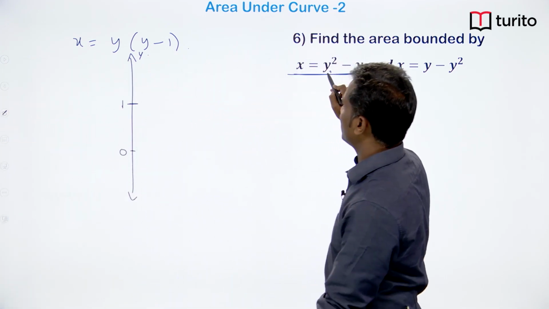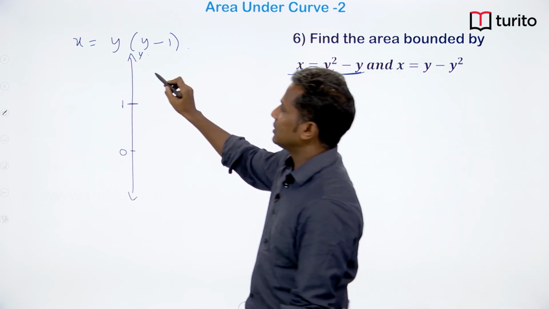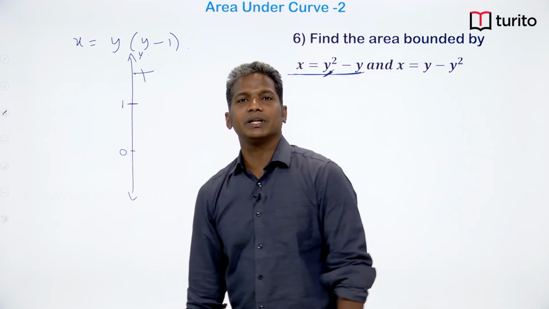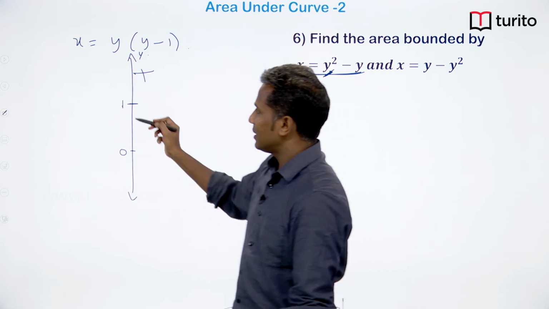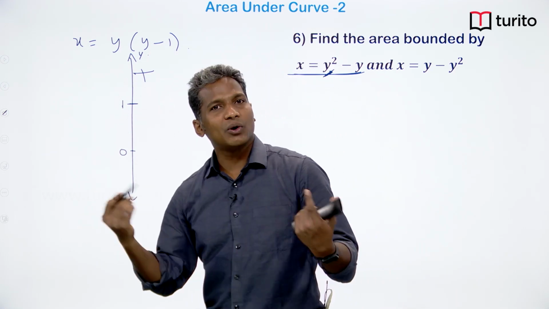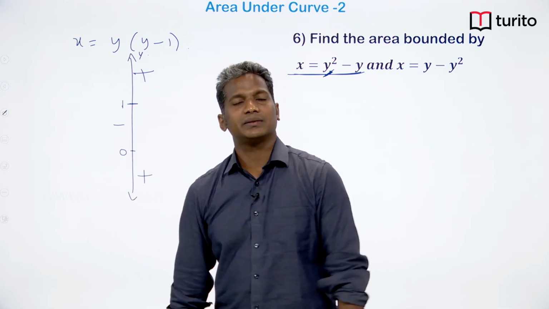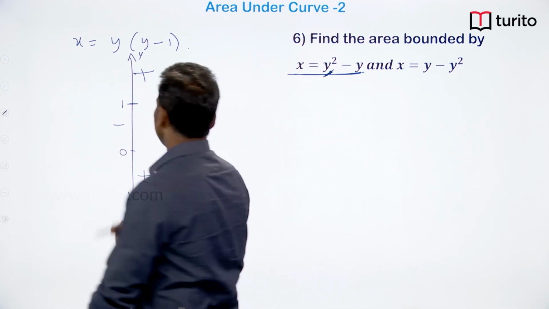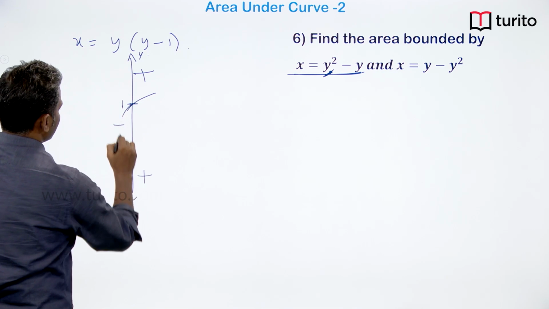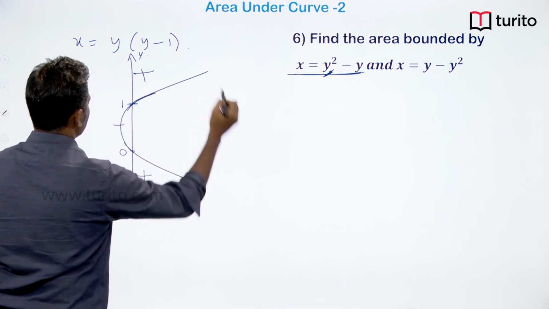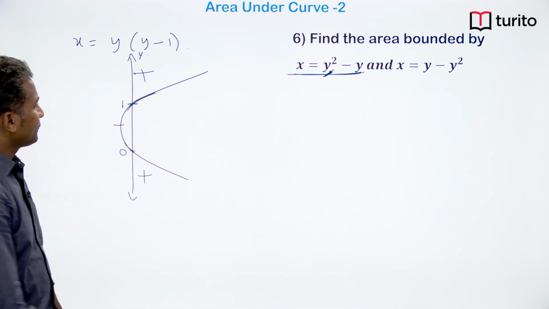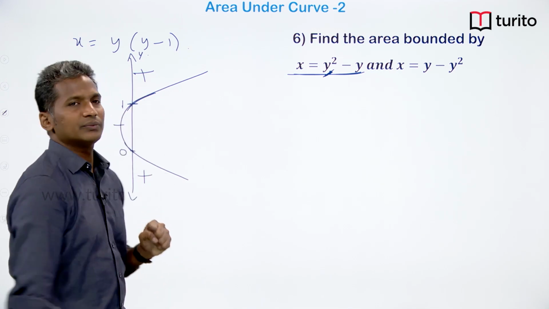Because the highest power is having plus sign, the uppermost region is going to be of plus sign, and then signs will be alternate. So here it will be minus sign, here it will be plus sign. So that means the graph will be somewhat like this. This is the required graph. So here we got one graph.